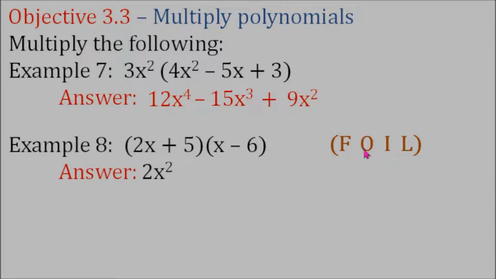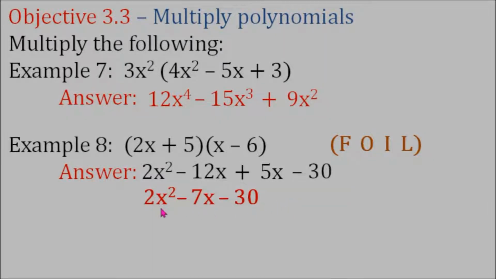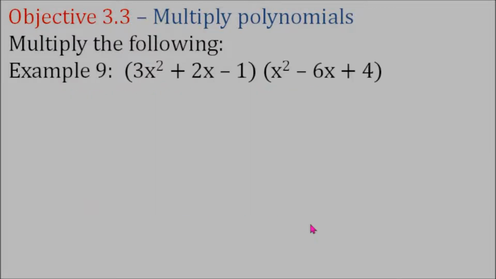Then O, the outer terms, 2x and negative 6, so that's negative 12x. Then I, the inner terms, that's 5 times x, that's positive 5x. Then L, the last terms, 5 times negative 6, that's negative 30. So our final answer is 2x squared minus 7x minus 30.